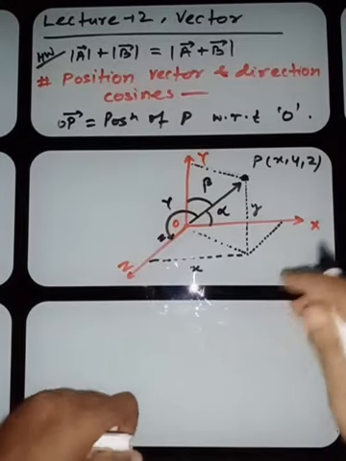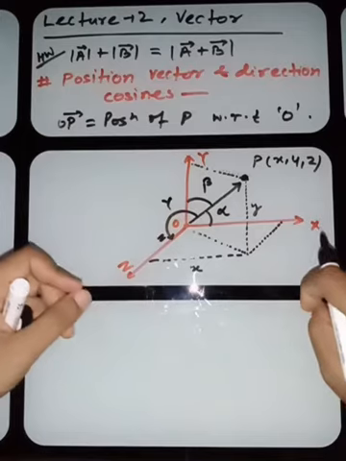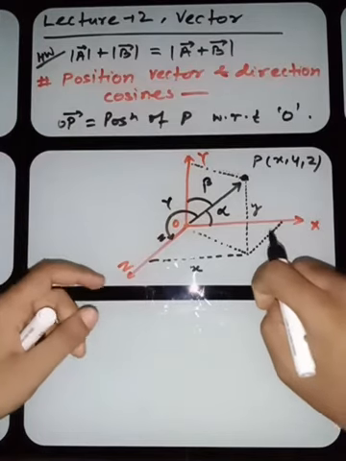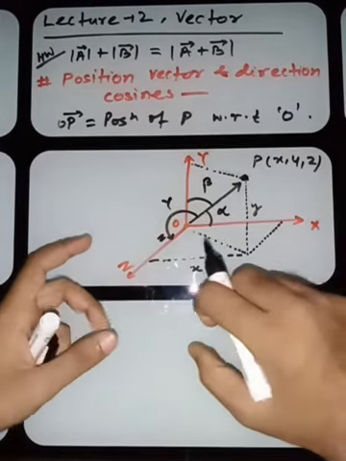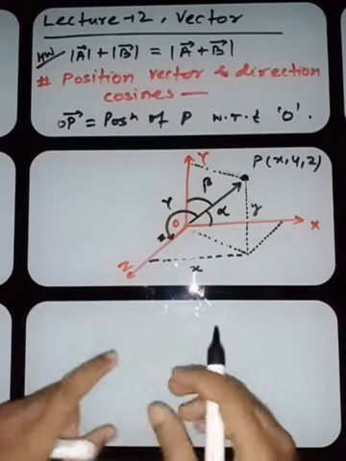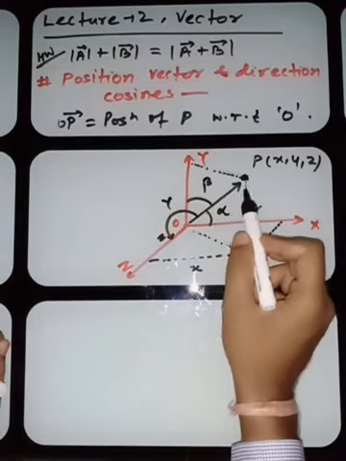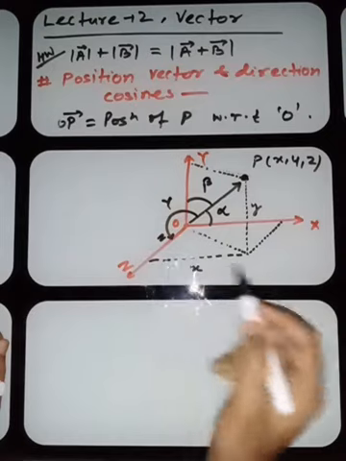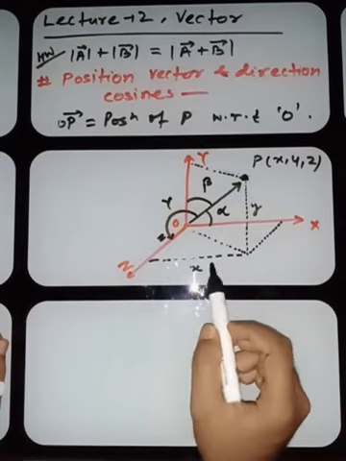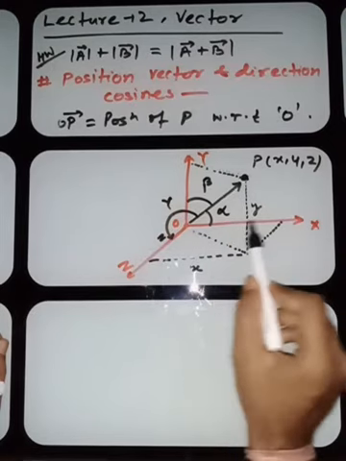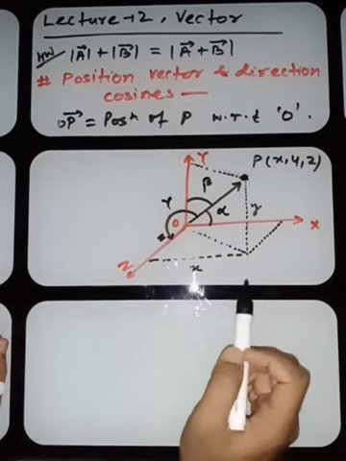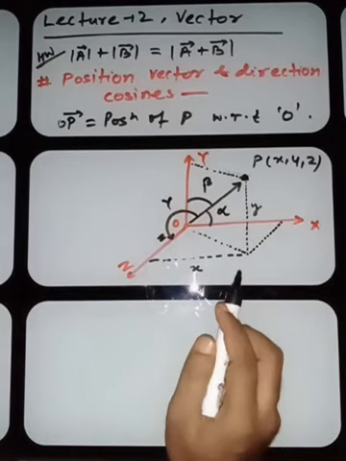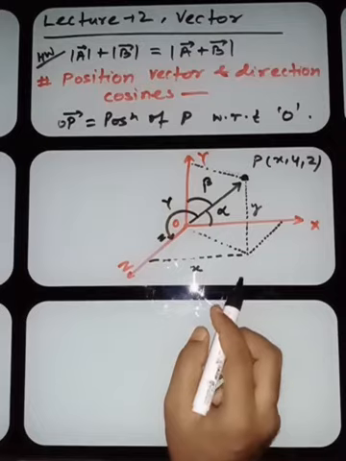If I give you a line and ask to find the angle between x and y, this is very easy. But here, this particular line is making an angle with all three axes. Remember, this particular vector is not coplanar. First, we'll find the direction cosine.